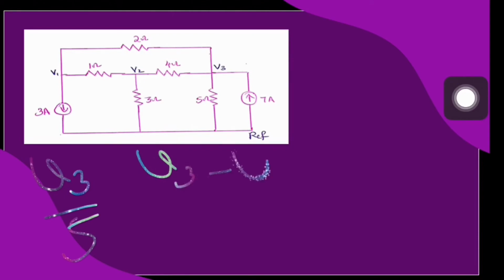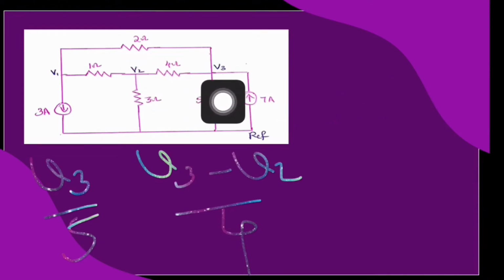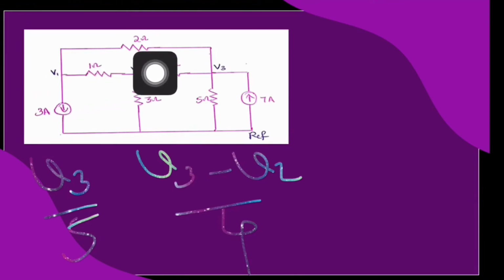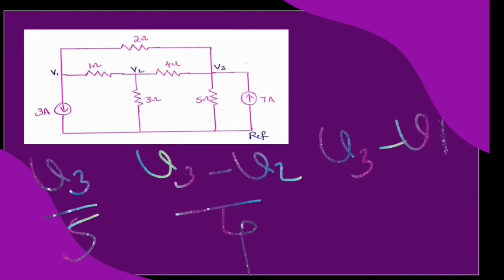Hence, the current through this 4 ohm from node V3 to V2 can be written as V3 minus V2 by 4. Finally, one end of this 2 ohm is at potential V3 and other end is at potential V1. Hence, current through this 2 ohm from node V3 to V1 can be written as V3 minus V1 by 2.